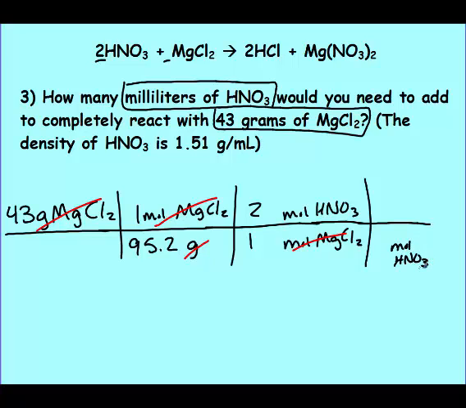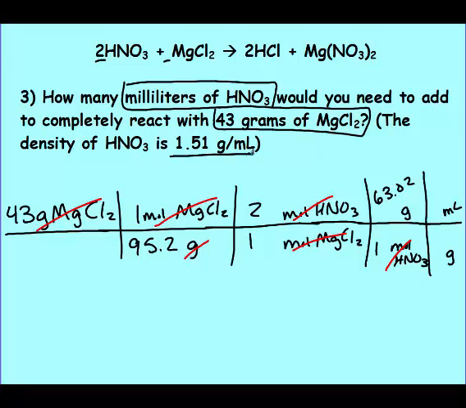I'm trying to go to milliliters, but I don't have a conversion for milliliters to moles. But I do have the density, so if I can get it to grams, I can use density to get my volume. 1 mole of nitric acid is 63.02 grams from the periodic table. And last step, I have grams and I'm trying to get milliliters.